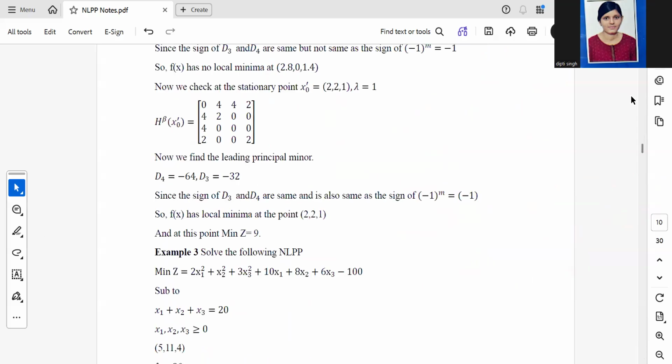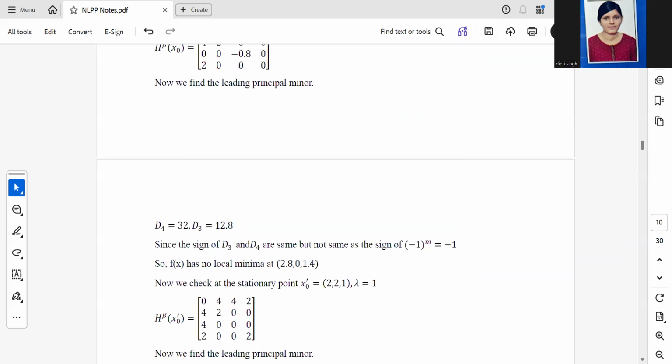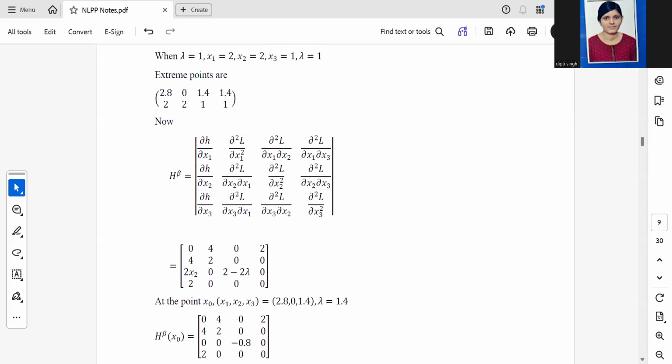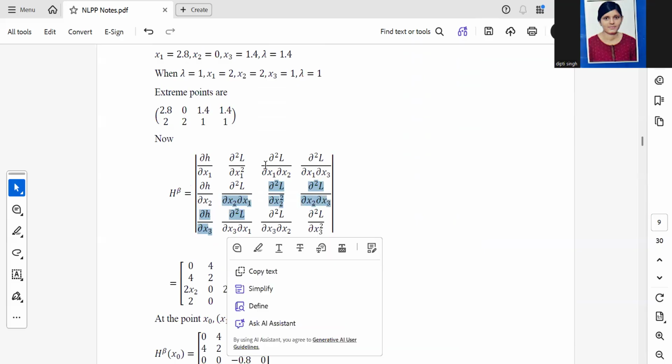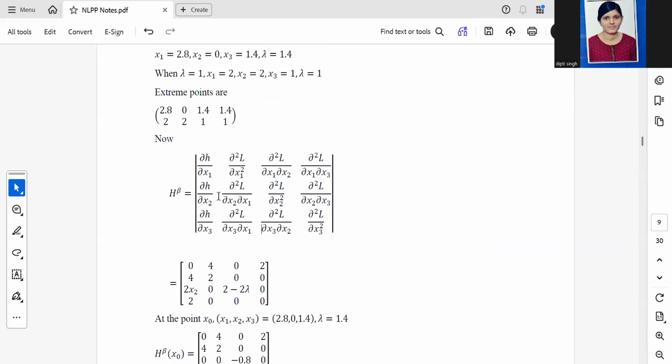This has the entries del H over del x1, del H over del x2, and del H over del x3, with 0 in the corner, and below it del L over del x1, del L over del x2, and del L over del x3.